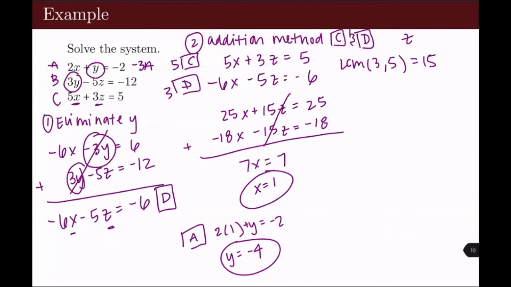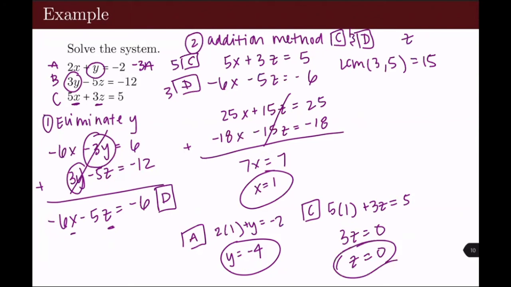And then solving for z, I'm going to choose equation C. So equation C, I'll have 5x, which is 5 times 1, plus 3z equals 5. That means 3z is going to equal 0, which just means z equals 0. So I'll have my ordered triple is (1, -4, 0). And that's my solution to this system of equations, all right?